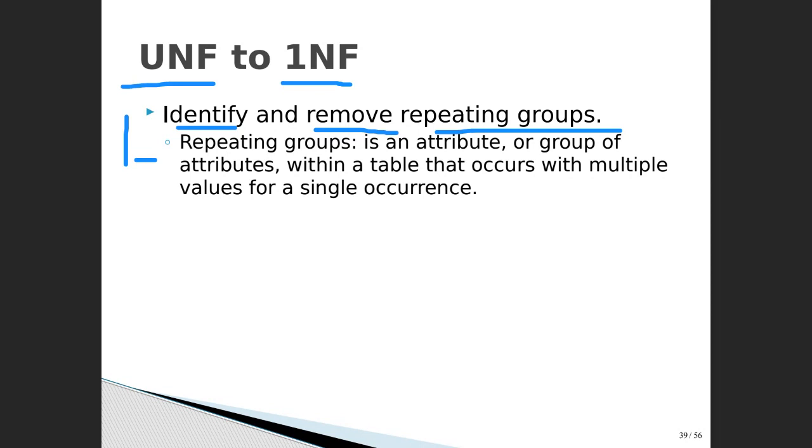All right. So what is the meaning of repeating groups? They are an attribute or group of attributes that occur with multiple values for a single occurrence. For example, let's say here I have branch, and I have staff member.